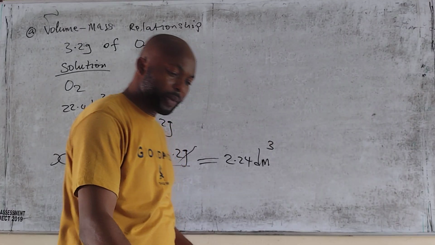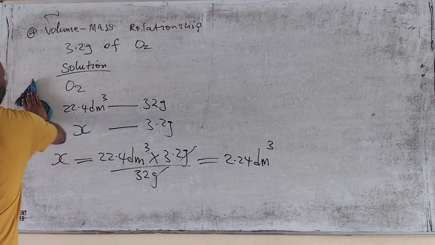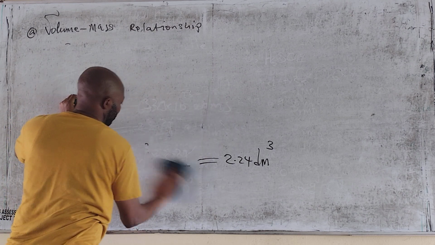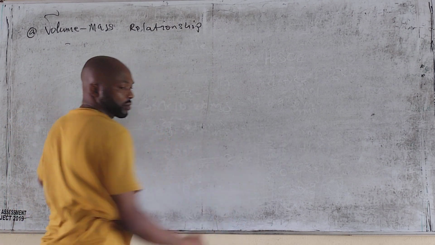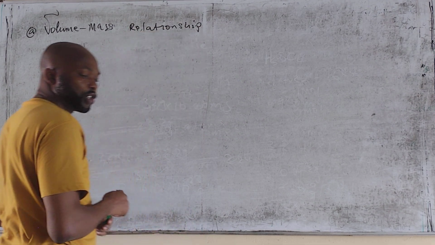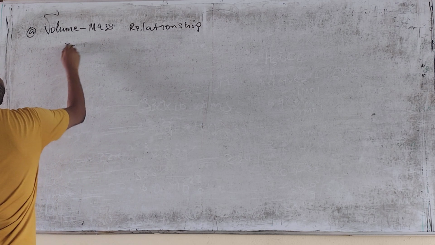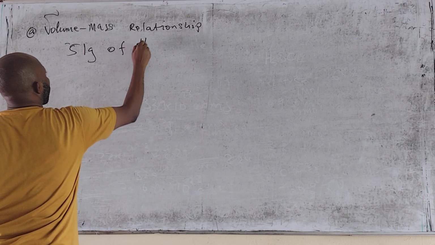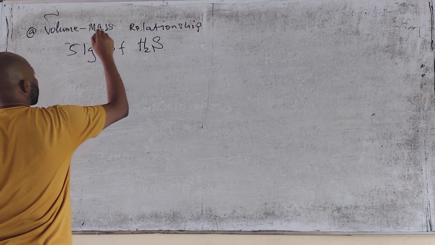Number two. Calculate the volume of 51 gram of hydrogen sulfide.